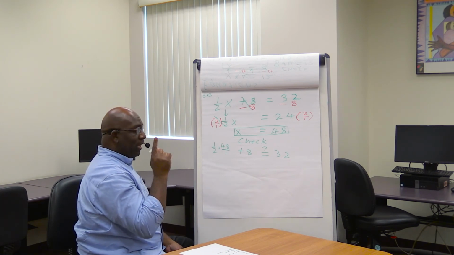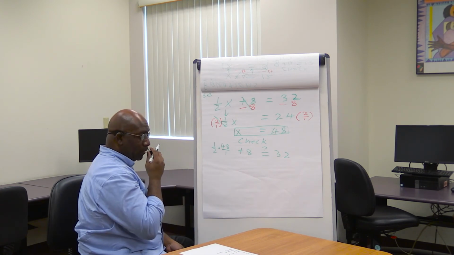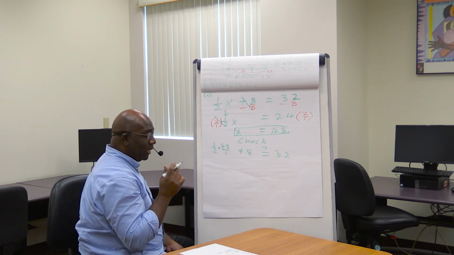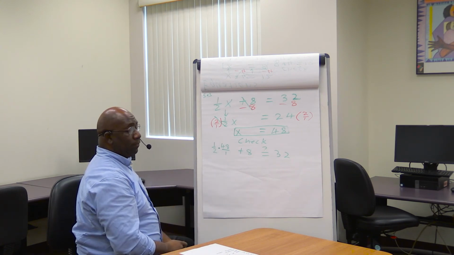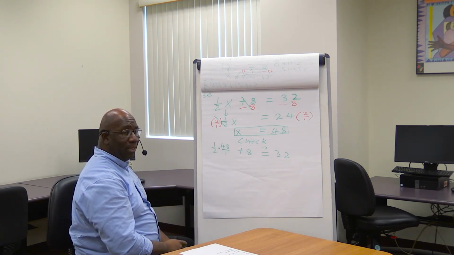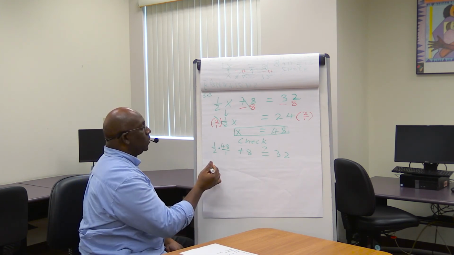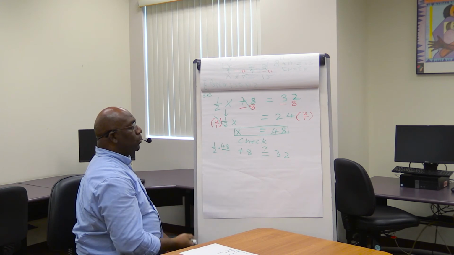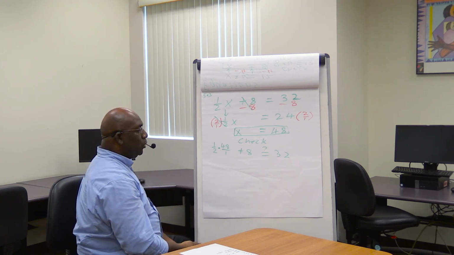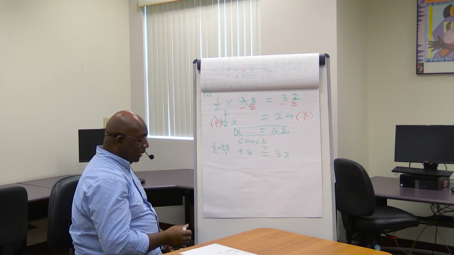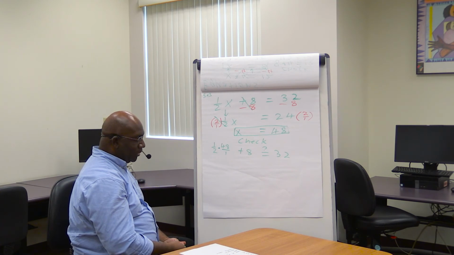And bear in mind again, 48 over 1 is the same as saying 48. We are going to do some simple multiplication the same way you did it back in the 5th grade. But before we do so, we're going to start simplifying here.